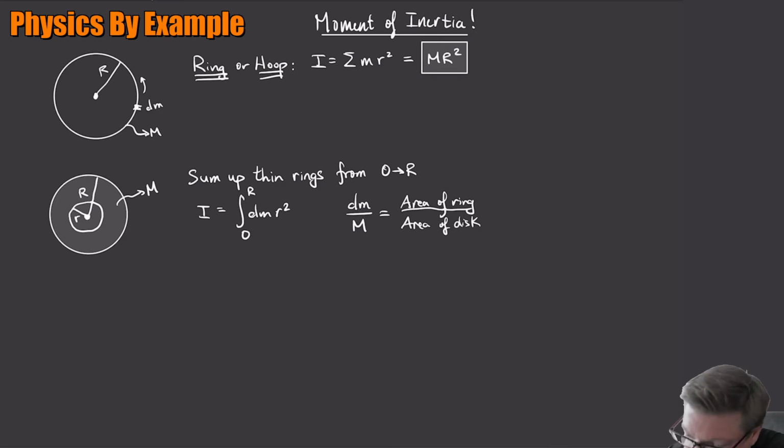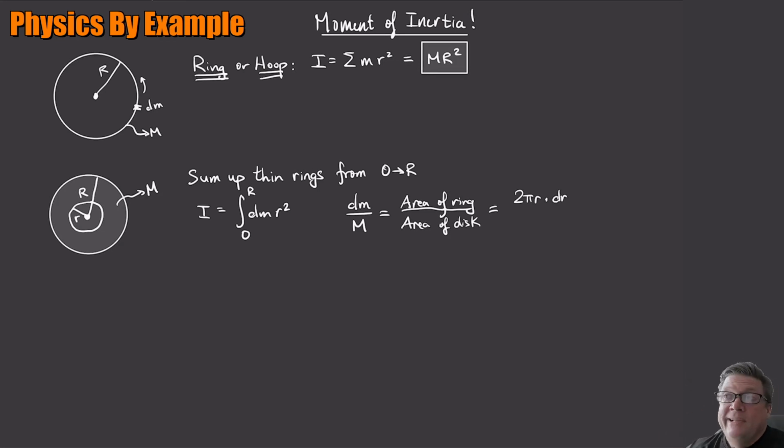So what's the area of a thin little ring? If it's infinitesimally thin, the area of the ring is just the circumference times its thickness. We can get away with that. So it's 2 pi times little r, that's the circumference of each of these little rings, and then its thickness is dr.